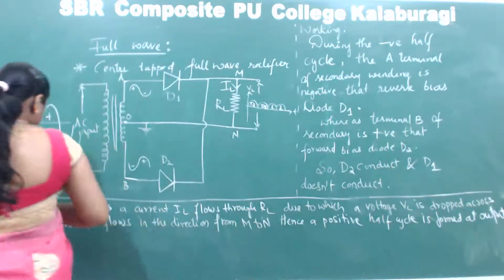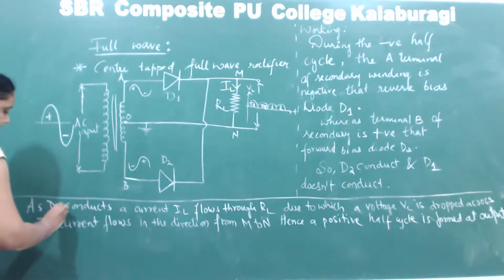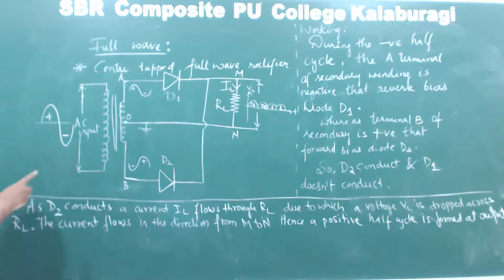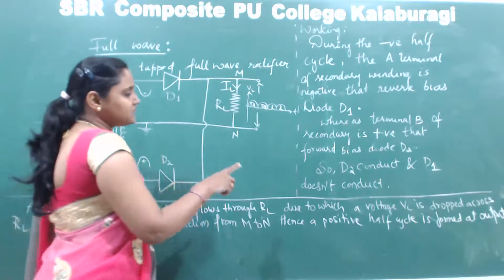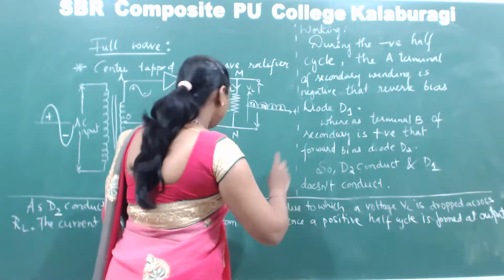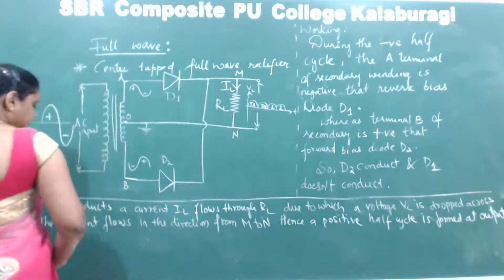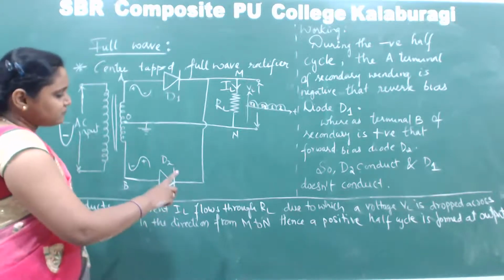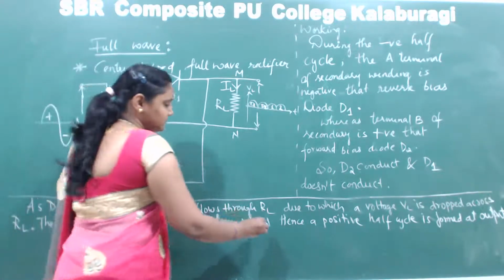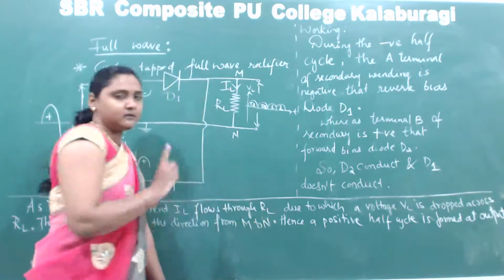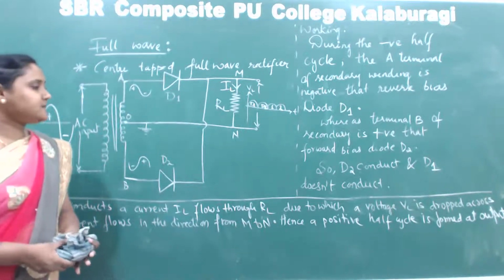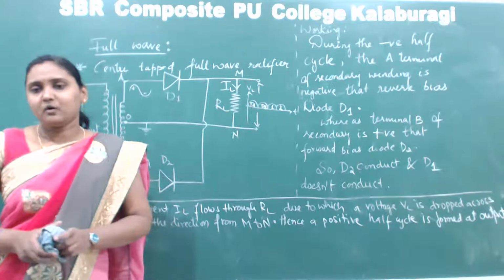Now, as D2 conducts, a current IL flows through RL due to which a voltage VL is dropped across RL. The current flows in the direction from M to N again in this case also. Hence, a positive half cycle is formed at the output.